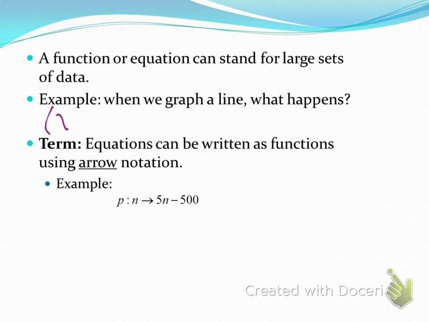X and Y. Sorry, I must not have heard you. So when we graph points, we have X and Y. And when we graph a line, we have lots and lots of X's and Y's. So when we graph a line, we get a lot of XY pairs.